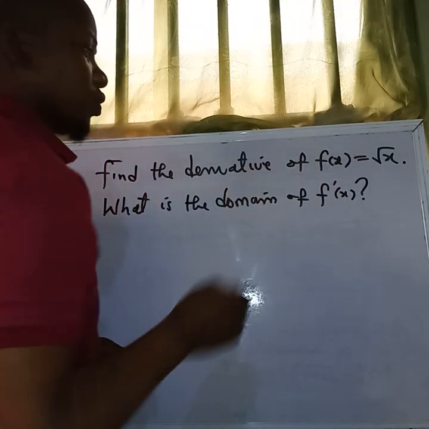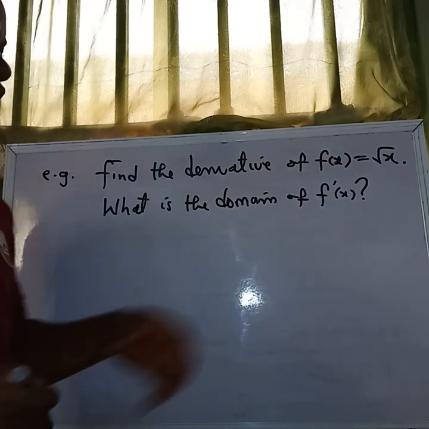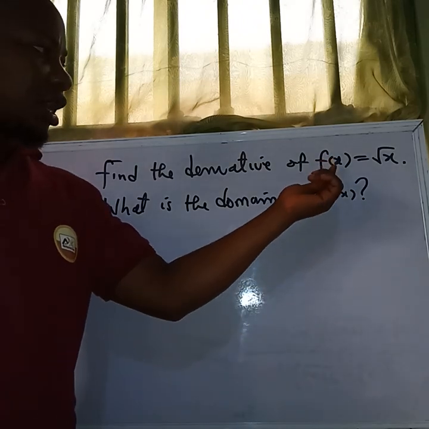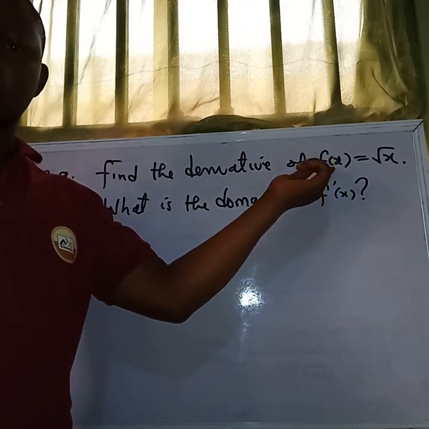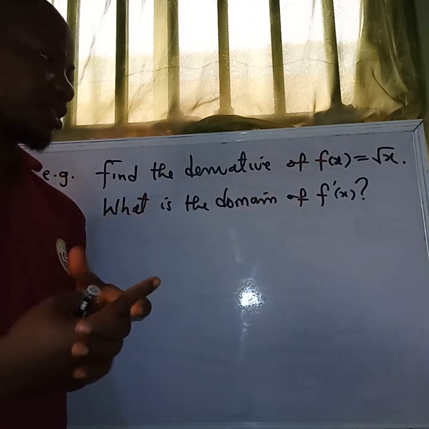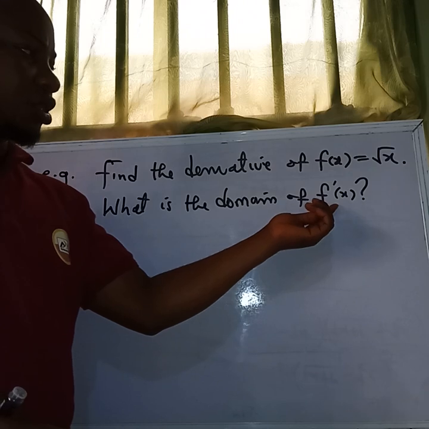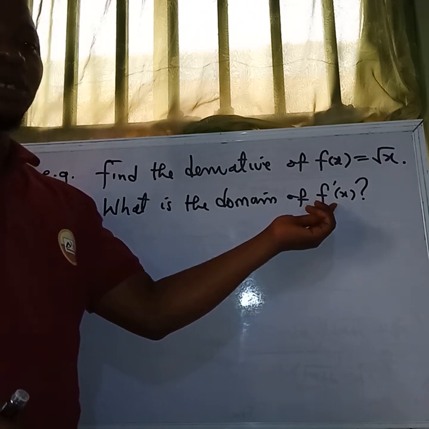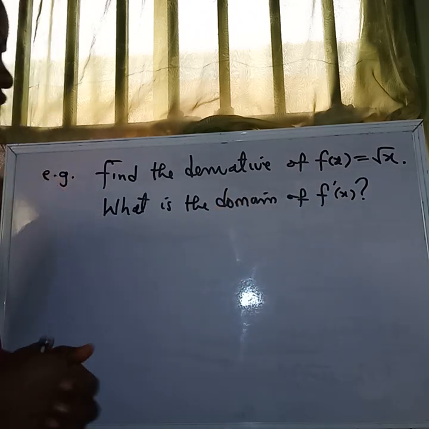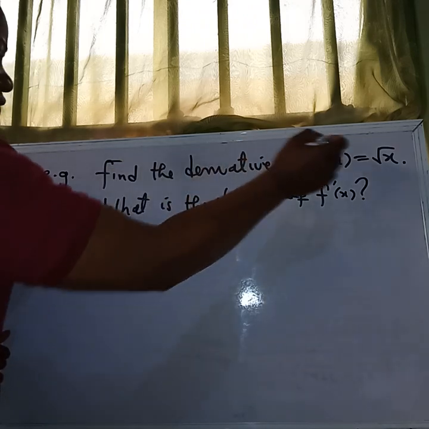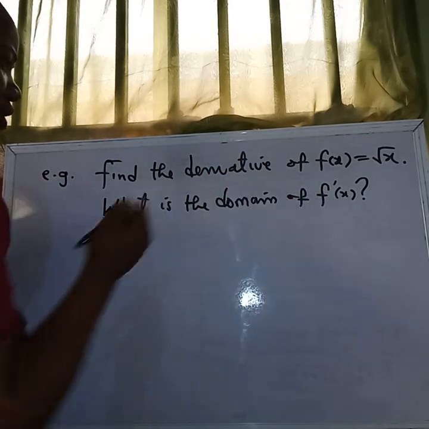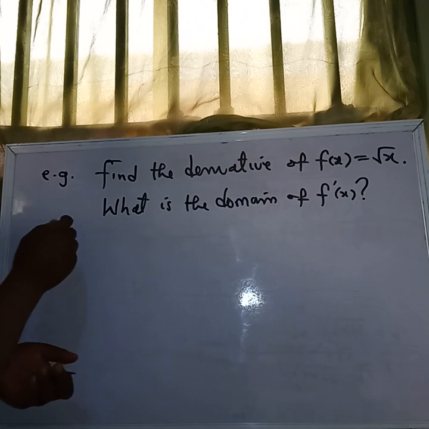The reason I want to know this is that the domain of this function ranges from 0 to infinity, so we want to see the domain relative to its derivative. Let's first find the derivative before we talk about the domain of the derivative.